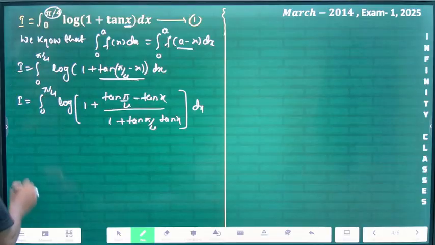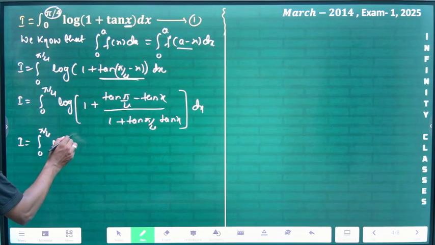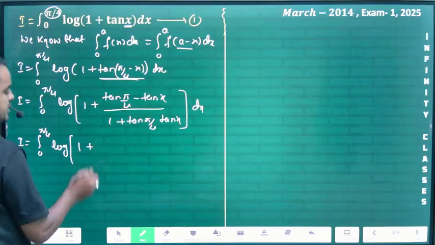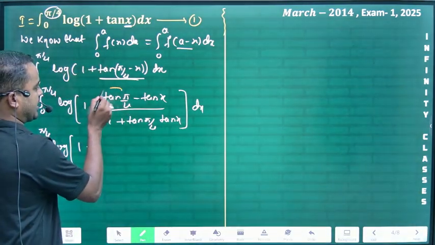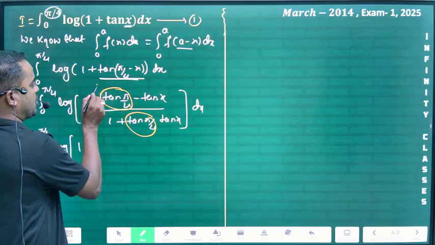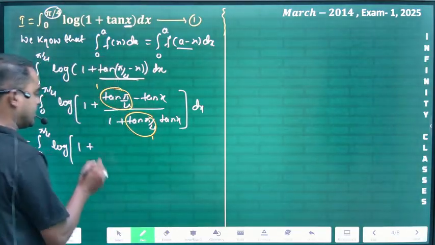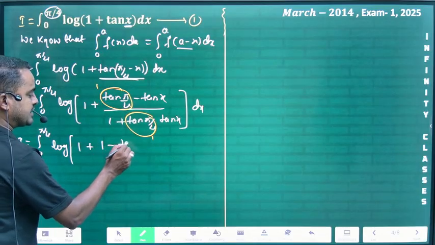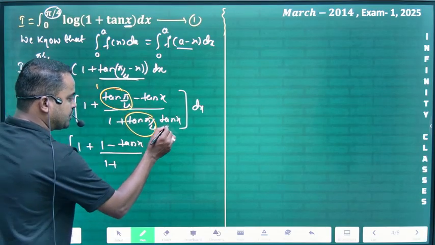Now next, I is equal to integration of 0 to 5 by 4 log of 1 plus tan 5 by 4, and tan 5 by 4 becomes 1. So it is 1 minus tan x divided by 1 plus 1 into tan x.